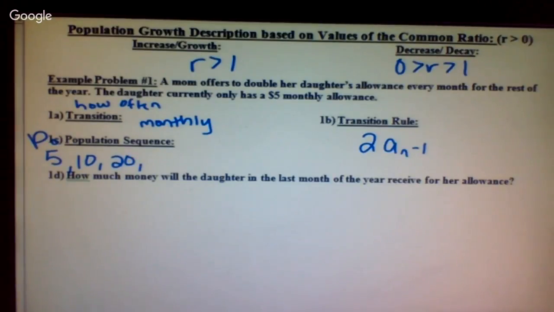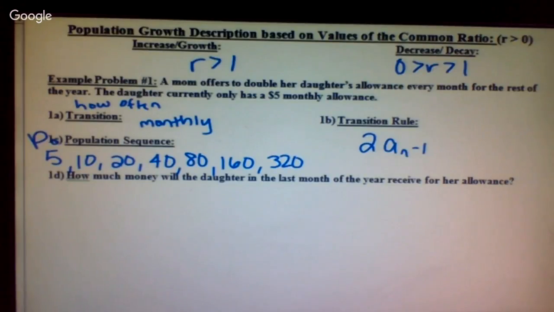Guys, you're sitting here thinking this is easy and a joke, and when it comes test time, you're going to look at this and go, I don't know how to do this. So please stop. So we're now at 20 in month 2. Month 3, that's going to take us to 40. Month 4, 80. Month 5, 160. Month 6, 320. We're going to stop there for now.